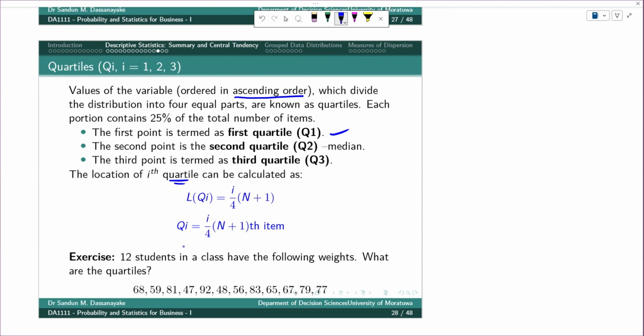Now, 12 students in a class have the following weights. What are the quartiles? Where are the quartiles separated? Let's look at them. Now, what should we do first? Can somebody tell me what we should do first with this?